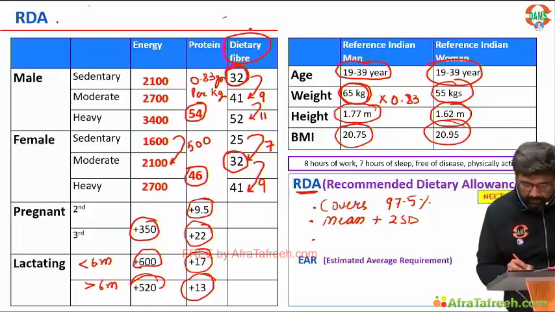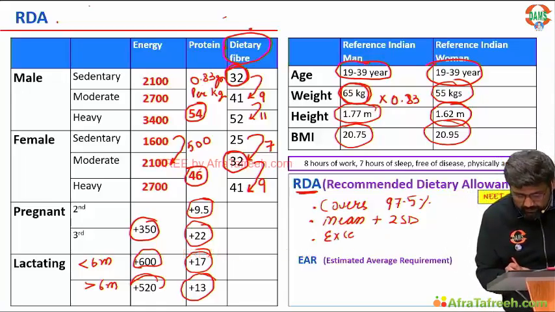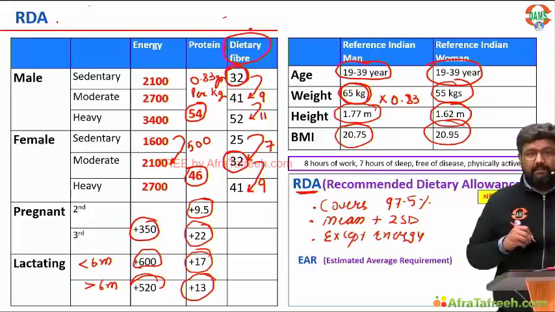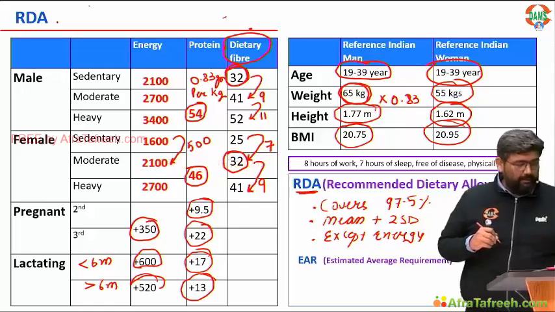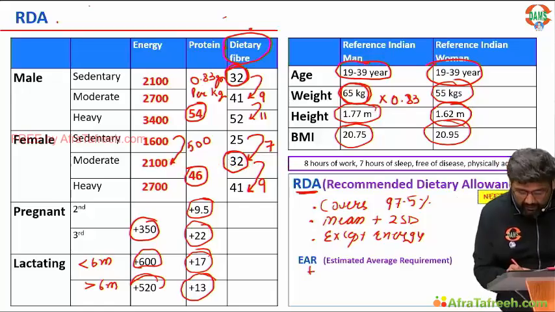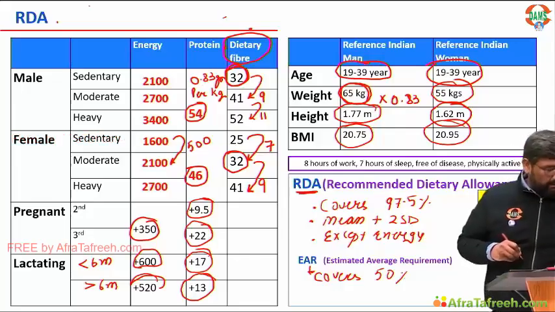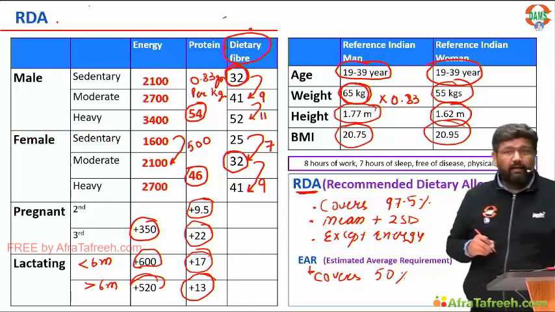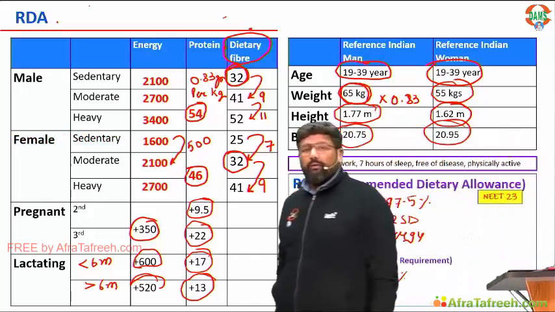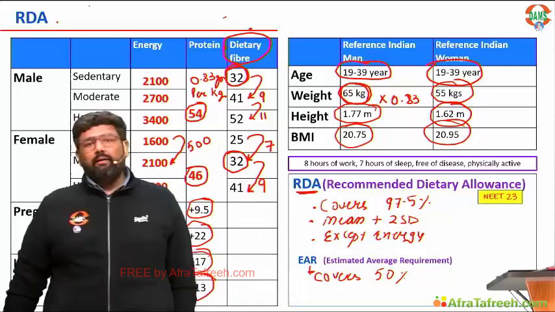Okay. And accept energy. And EAR covers 50%. Just 3 points for RDA, 1 point for EAR. That's it.